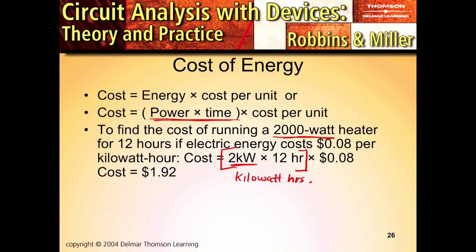And when we have kilowatt hours, we can just simply multiply it by our cost per unit to come up with the result. So that would be 24 kilowatt hours multiplied by 0.08 to give you your cost of $1.92.